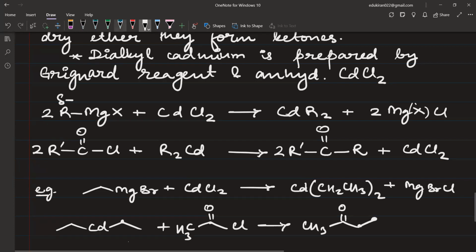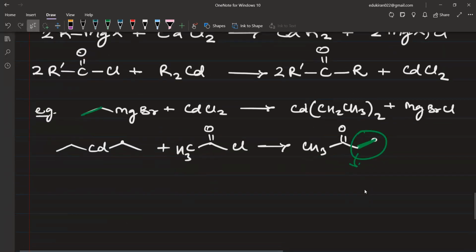So 2 carbon. Please remember, here you had 2 carbons, the same 2 carbon is here. First you have the carbons in the Grignard reagent. They get transferred to the cadmium. Then from cadmium, it gets transferred to the acyl chloride, leading to the formation of a ketone. So this is coming from CdR twice, which this R is coming from RMgX. Please remember this.